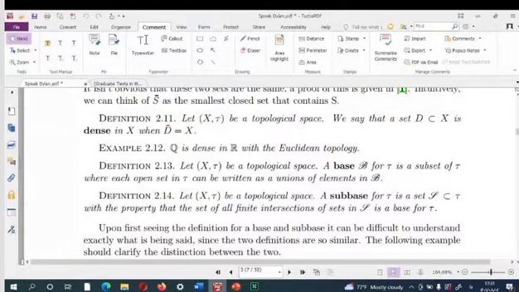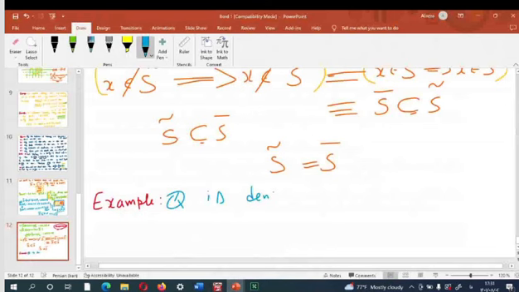The rational numbers are dense in R with the Euclidean topology that I mentioned to you.